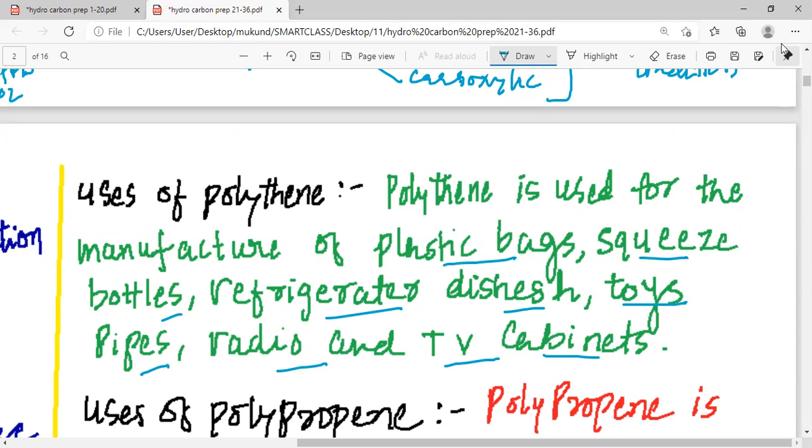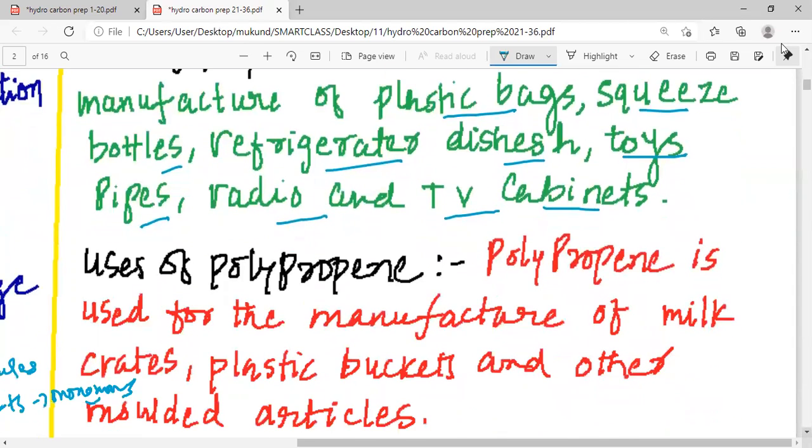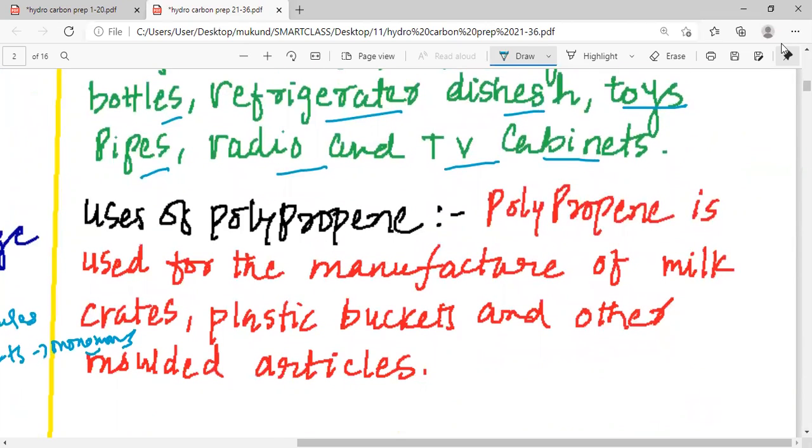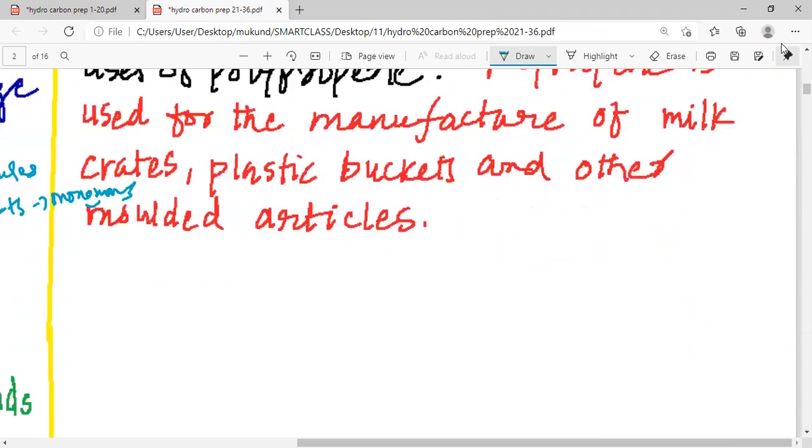It is also used to make squeeze bottles, for the manufacture of refrigerator dishes, for the manufacture of toys, for the manufacture of pipes, and also for making radio or TV cabinets.